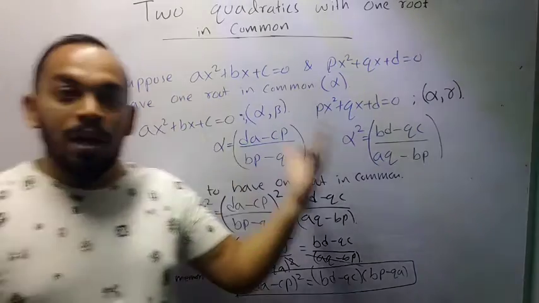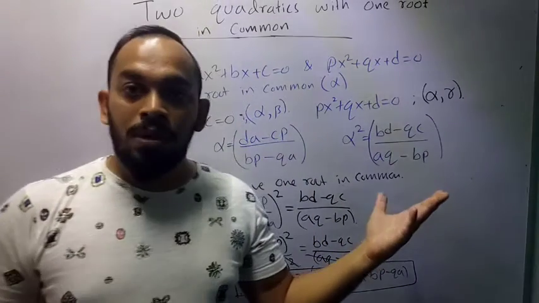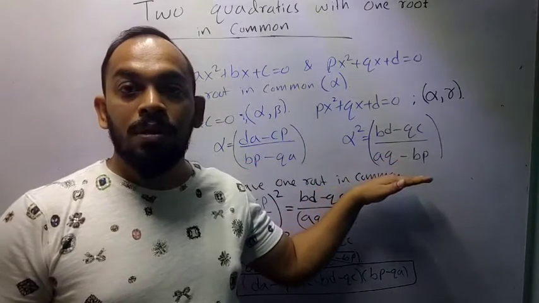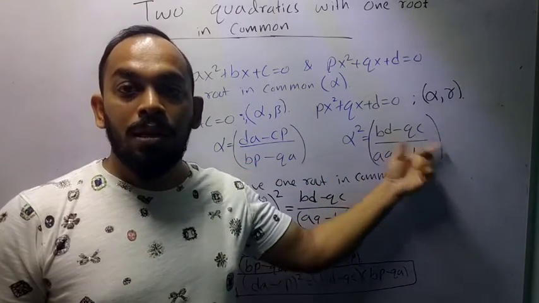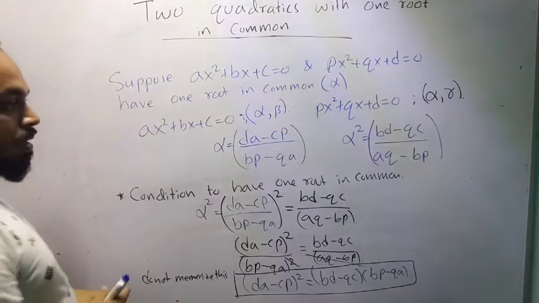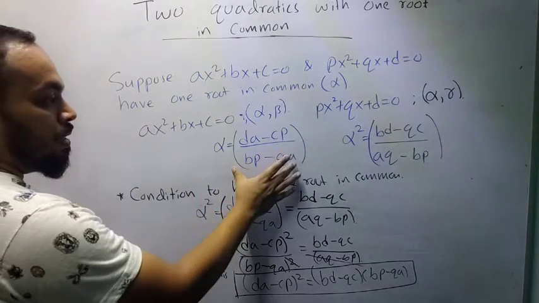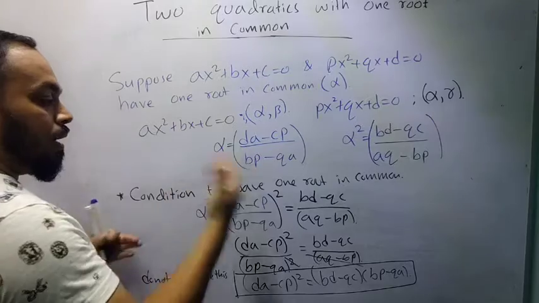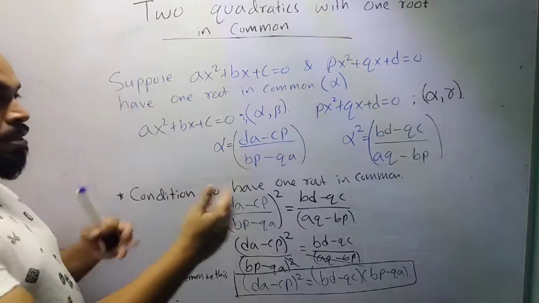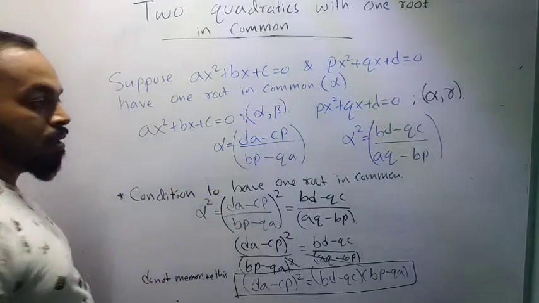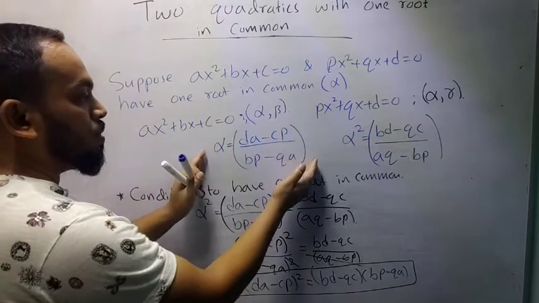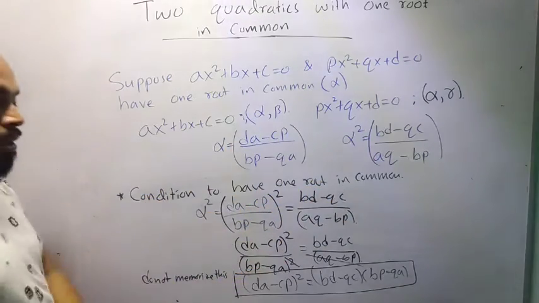Then get rid of alpha squared terms first and get this answer, then get rid of alpha terms and obtain this relationship. Right. So this is actually the common root. Then after that, if you want to find the condition, the relationship between the coefficients of the quadratic equations, you just equate these two, square this one and equate this, and you will get the condition.